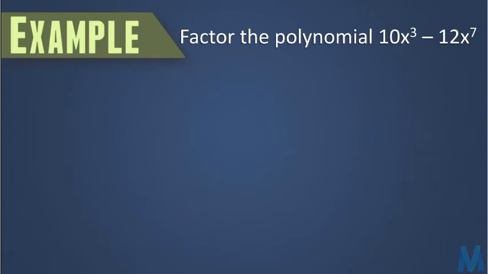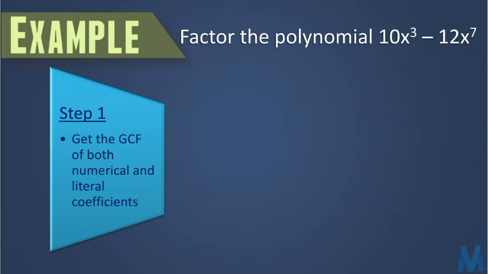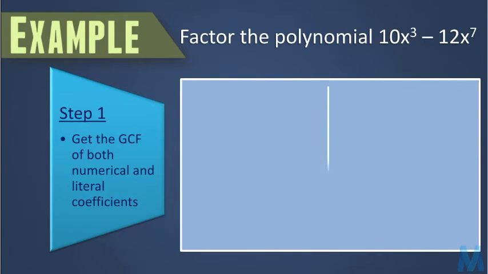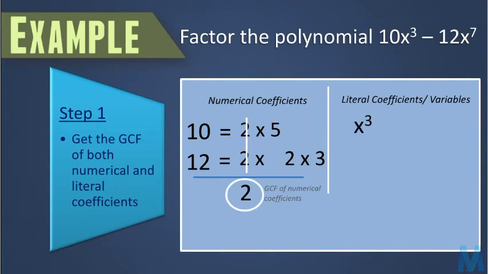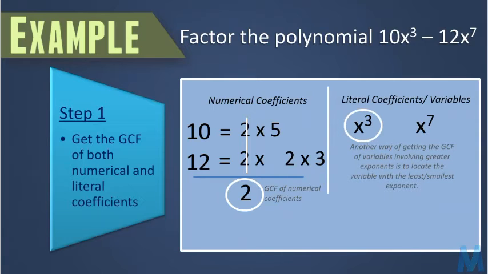So by getting the GCF of both numerical and literal coefficients, we have 2 as the GCF of numerical coefficients and we have x cubed as the GCF of the literal coefficients since siya ang may pinakagamay nga exponent. The same ang basis naton, x. Different ang aton nga exponent.